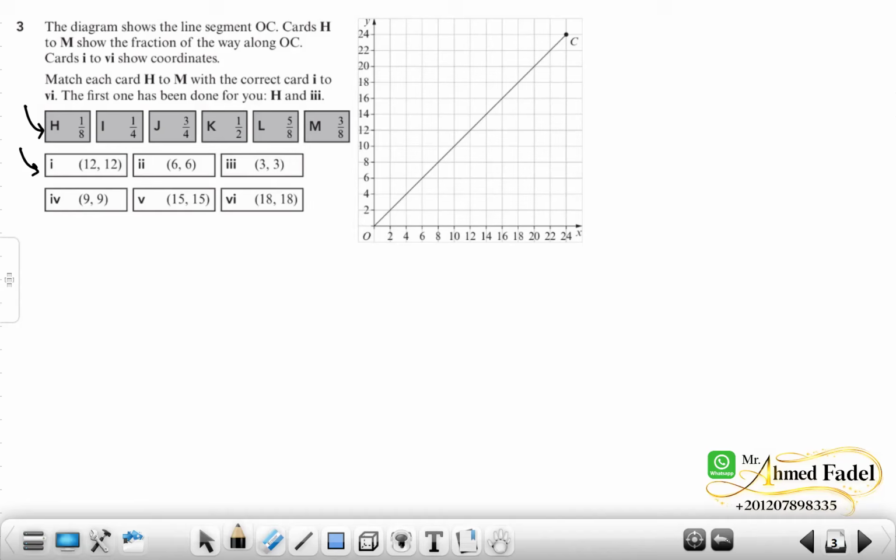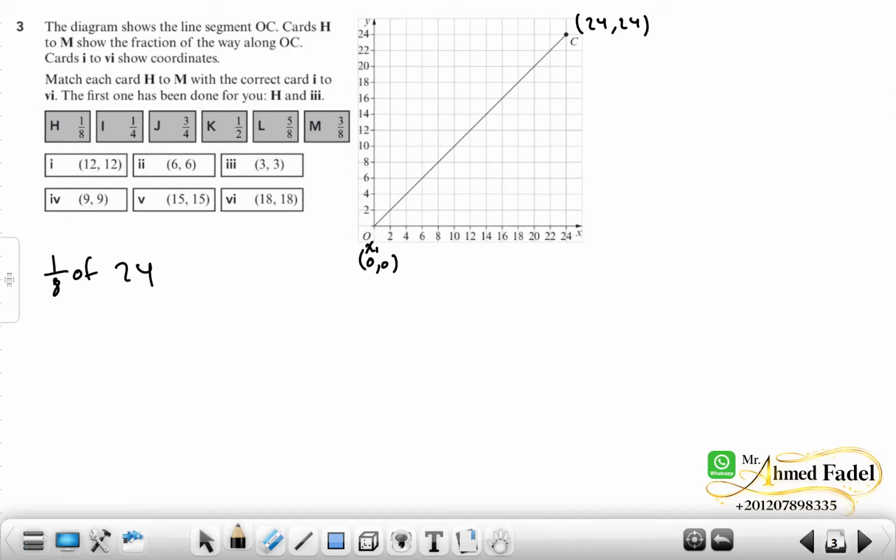Let's do this. For example, we have H, which is 1/8 of the line. First, we need to determine the coordinates. Here we have the coordinates 0, 0, and here C, which is 24, 24. What is 1/8 of the line? It means 1/8 of the difference between the x's, which is 24, plus x1. x1 is 0, so adding it makes no difference.